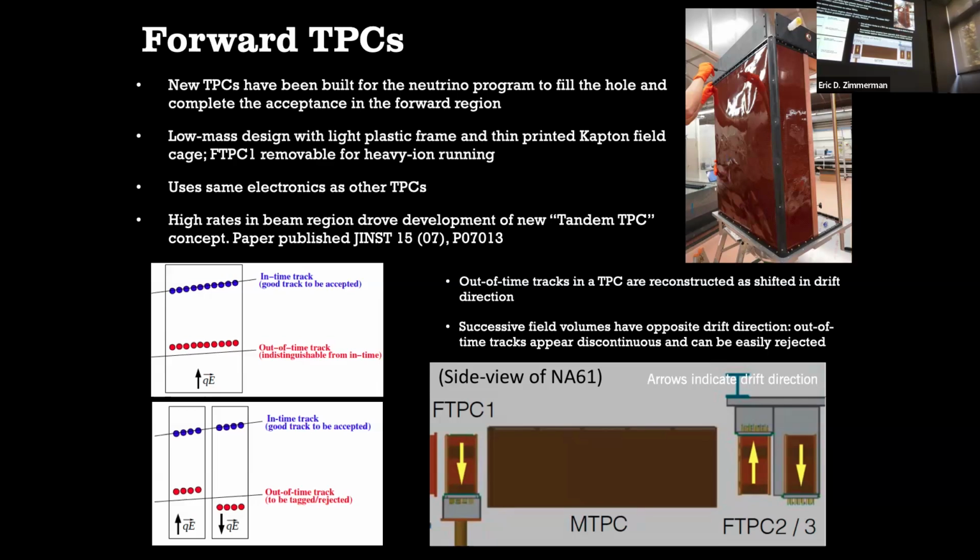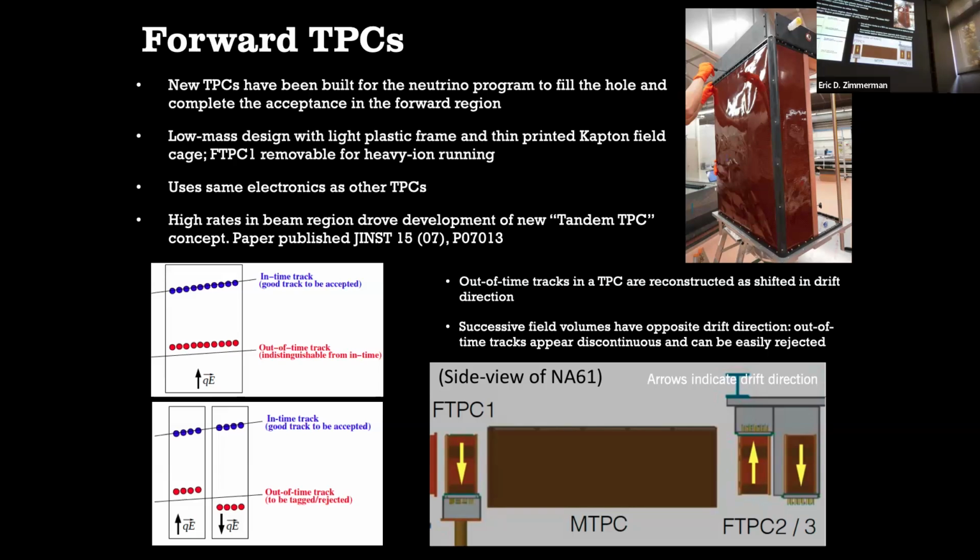They were designed to have a very low material budget compared to the older TPCs, with a light plastic frame, a thin printed Kapton field cage. And the first of these FTPCs can be removed from the beam for heavy ion running. It uses the same electronics as the other TPCs, and because even in the neutrino running there can be high rates in the beam region, we developed this new tandem TPC concept.